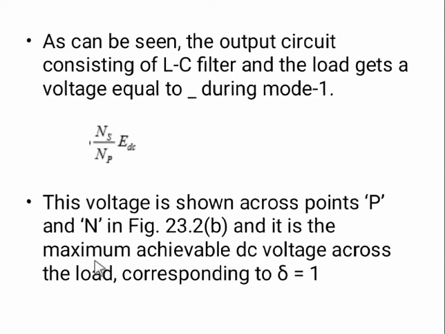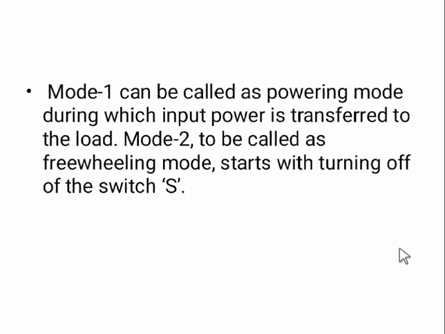So the maximum output voltage occurs corresponding to delta 1. Mode 1 can be called a powering mode, during which the input power is transferred to the load, and mode 2 is called a freewheeling mode and starts with the turning off of the switch S. That means mode 1 is called the powering mode because in mode 1 input power is transferred from primary to secondary winding.